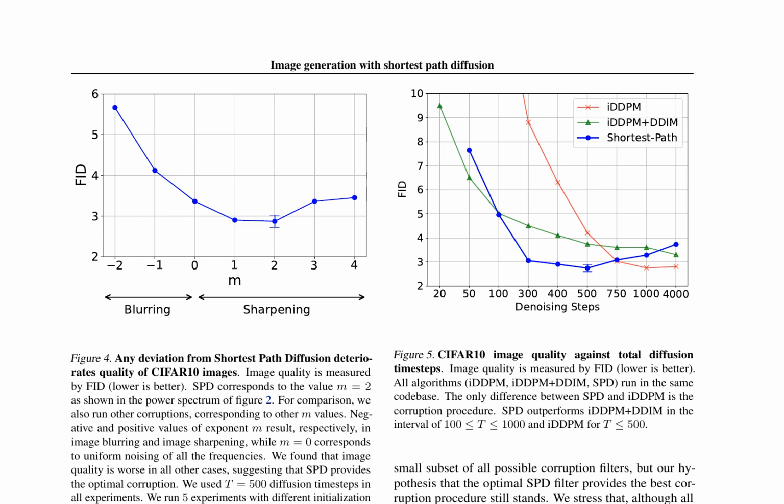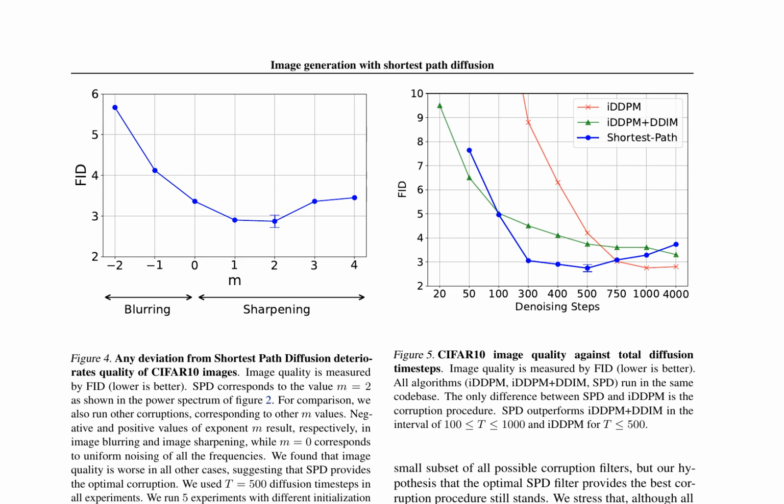The authors investigate the effectiveness of shortest path diffusion (SPD) in image generation, focusing on the optimal corruption procedure for producing high-quality images. They hypothesize that the exponent m in the power spectrum of natural images, corresponding to m equals 2, provides the optimal corruption filter.